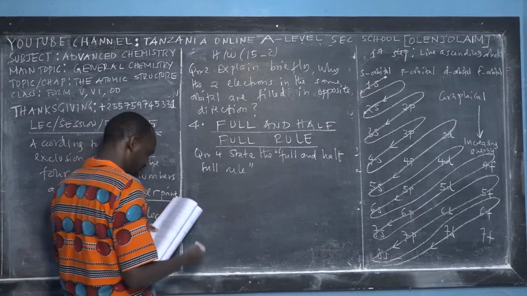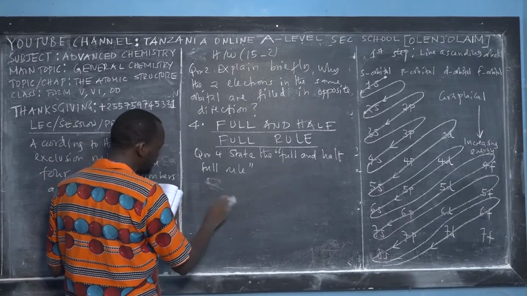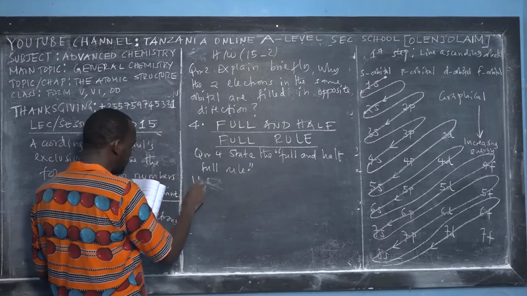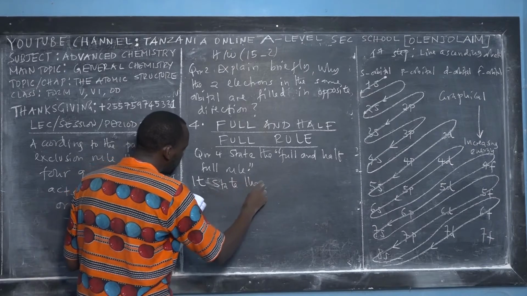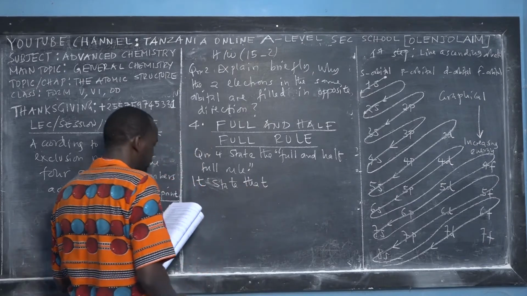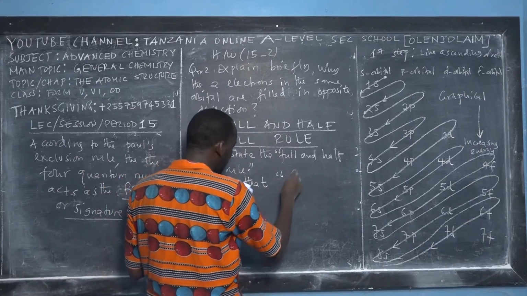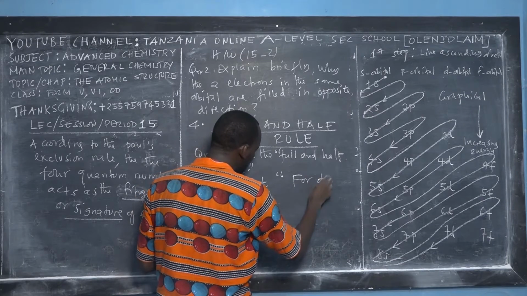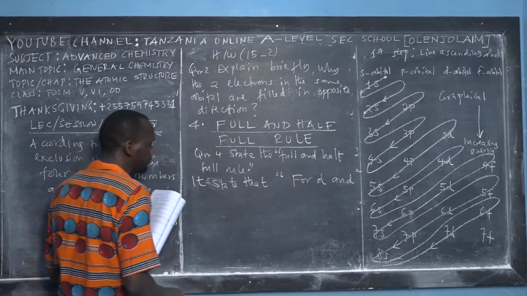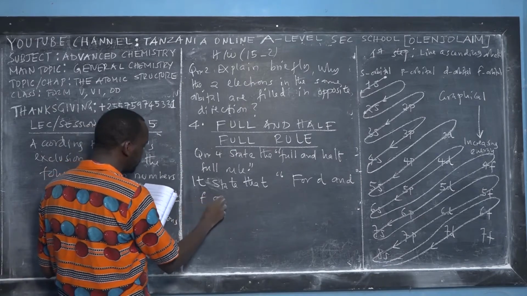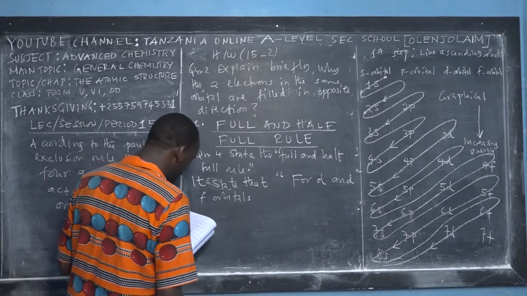It's a little bit tough to understand the way it states, but I will try my level best, and I'm praying that God will help me to explain to you. It states that for D and F, these are the rules guiding the D and F sub-energy levels, though we use the words sub-energy level and orbitals interchangeably.